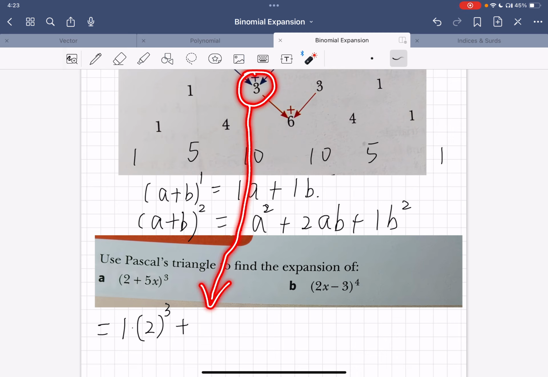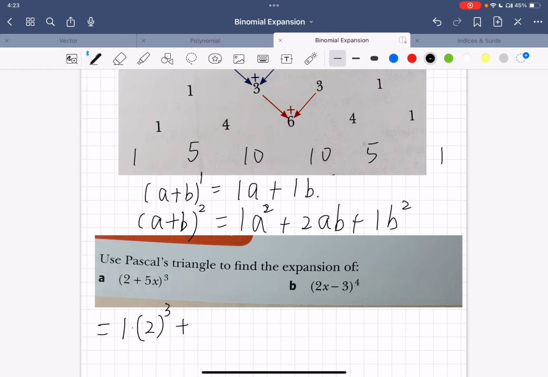Copy this 3 down here. So that's 3 times a, that's 2, to the power 2, times b, that's 5x, okay, in this case. And then just follow the same pattern here.